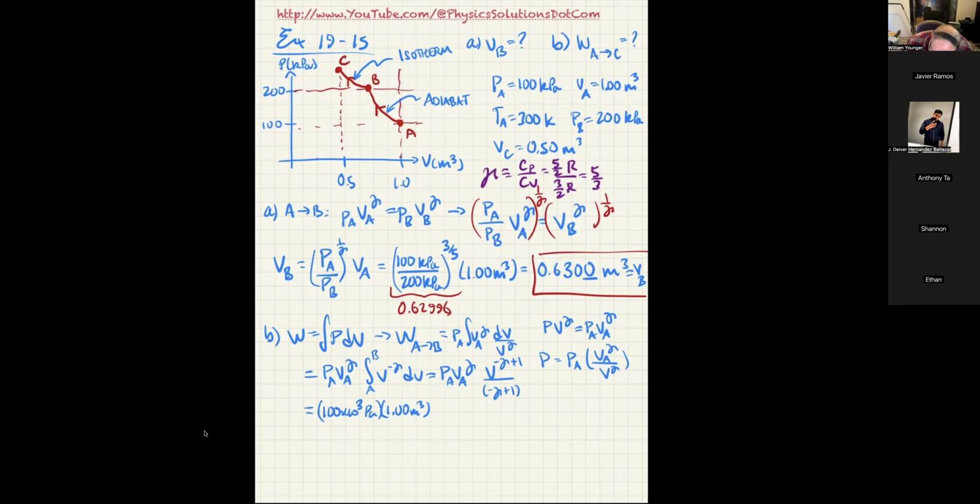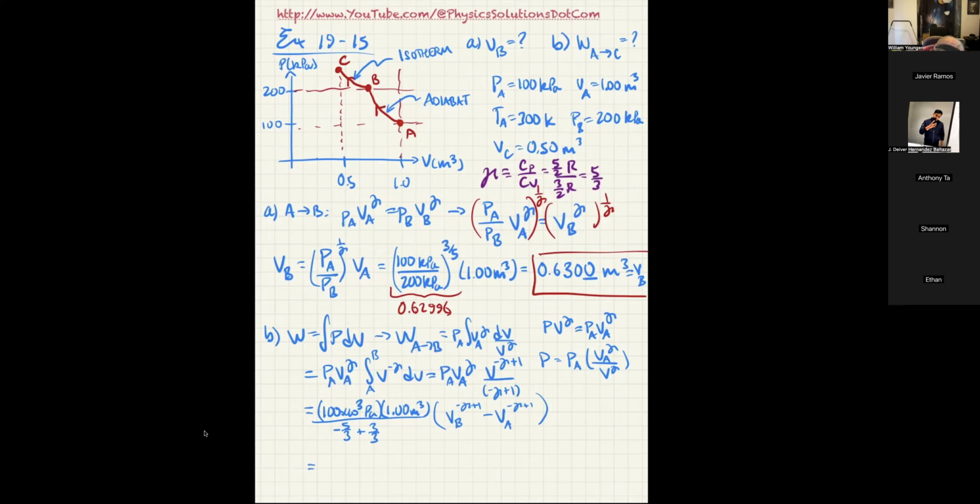And negative gamma plus 1 is going to be negative 5/3 plus 3/3, which gives me negative 2/3. And then I'm going to take VB, because that's the final one, to the negative gamma plus 1 power minus VA to the negative gamma plus 1 power.